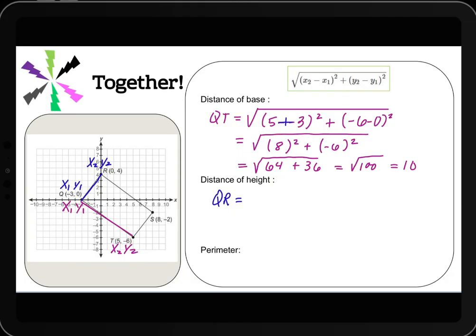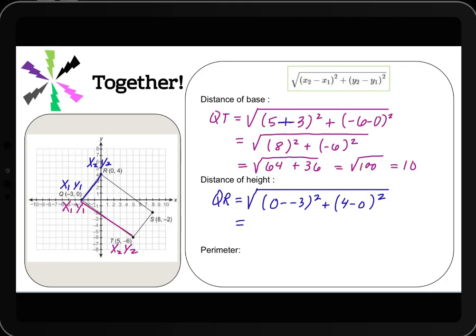That being said, we want to go ahead and find QR now. So using x2 as 0, I have 0, and then I'm going to go ahead and do minus negative 3 quantity squared plus 4 minus 0 for y2 minus y1 quantity squared.